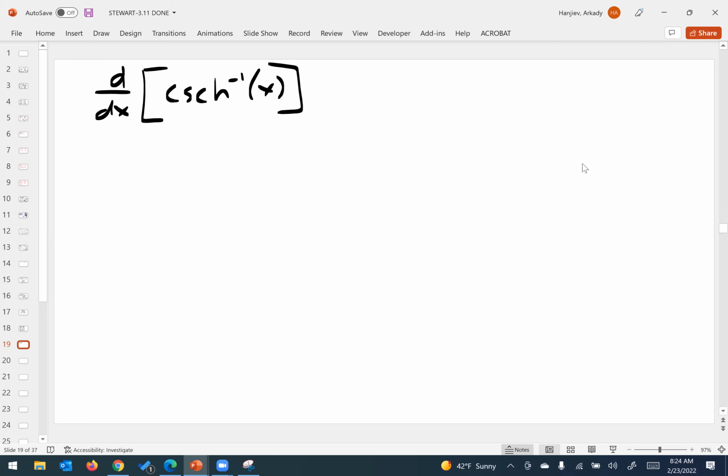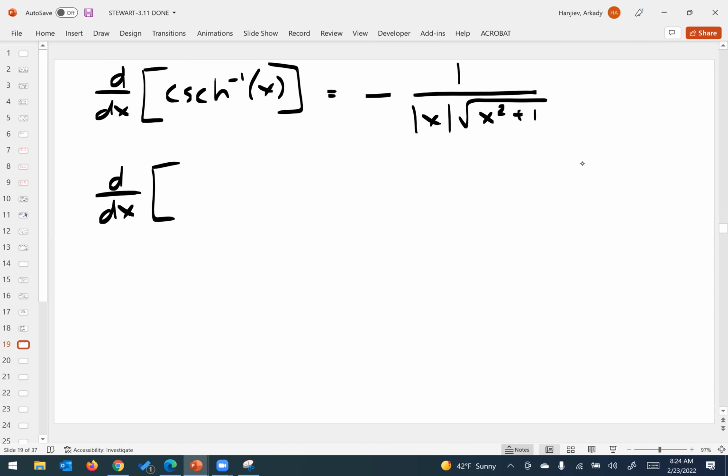Inverse hyperbolic cosecant. That one gets me a -1 over the absolute value of x times the square root of x squared plus 1. Whew. The derivative of inverse hyperbolic secant of x equals -1 on top.